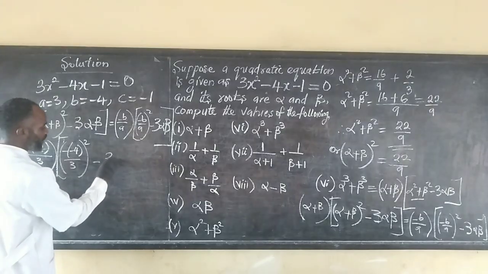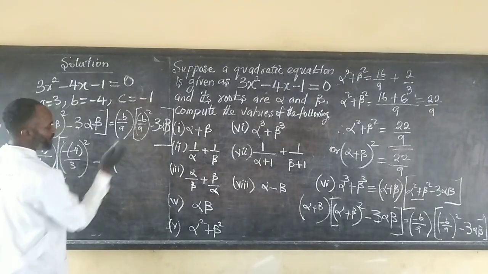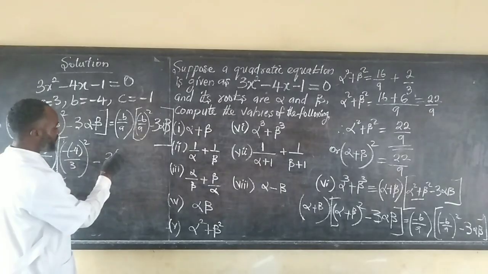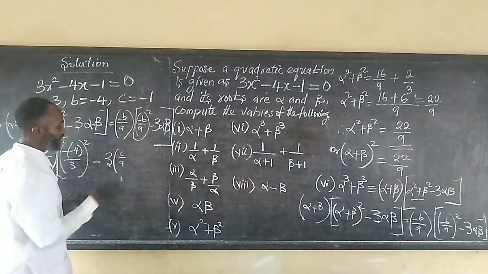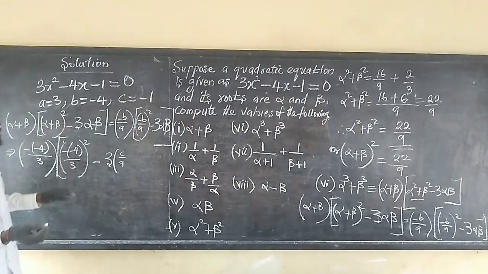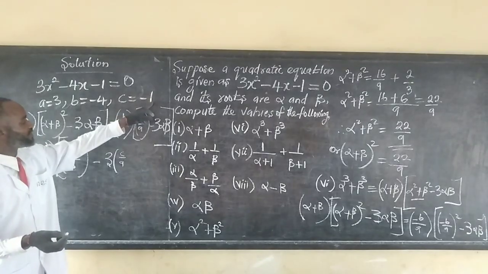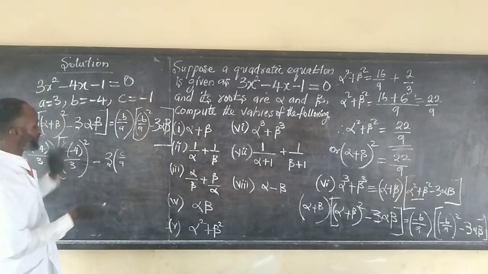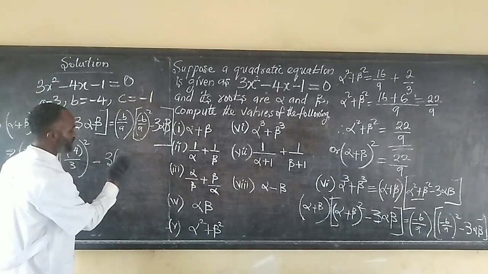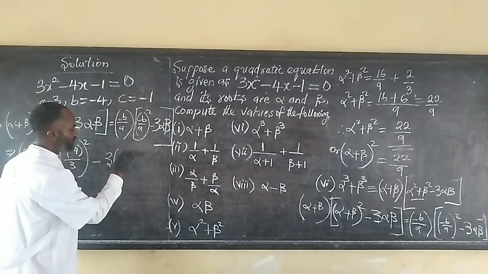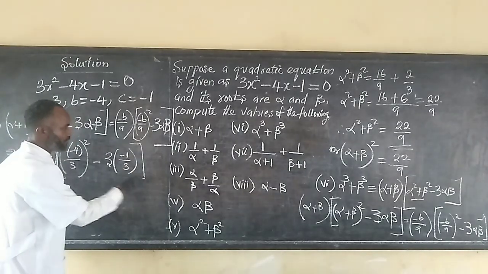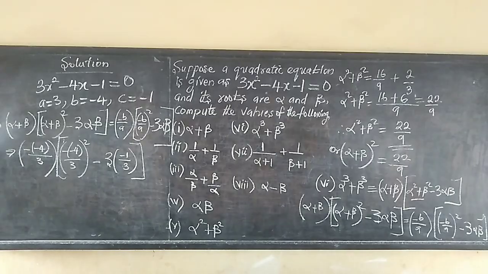And finally, we have 3 brackets alpha beta. Always know that alpha beta is c over a. And what is c? Minus 1, and a is 3. So c is minus 1, and a is just 3. Good, close.